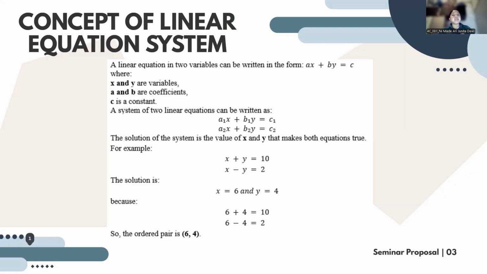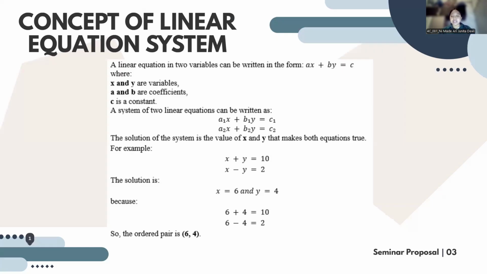For example, imagine that you buy a notebook and a pen, but you do not know the price of each item. If we have enough information, we can use mathematics to find the price of each item. This kind of problem can be solved using a linear equation system.